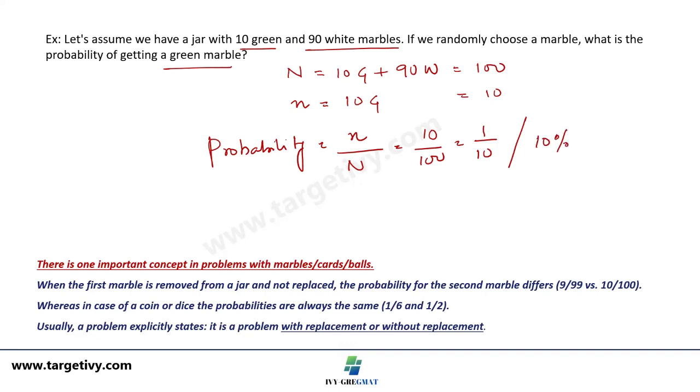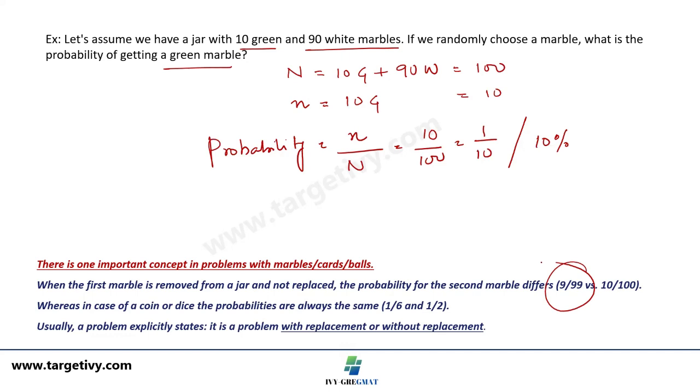Now there is a twist here. What if there are successive events, when one marble is picked up and it is not a green marble and it is not replaced? Then the probability will be 9 by 99. So this is something with replacement, without replacement will be given.